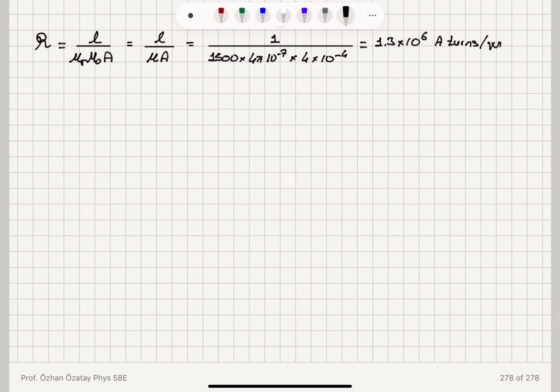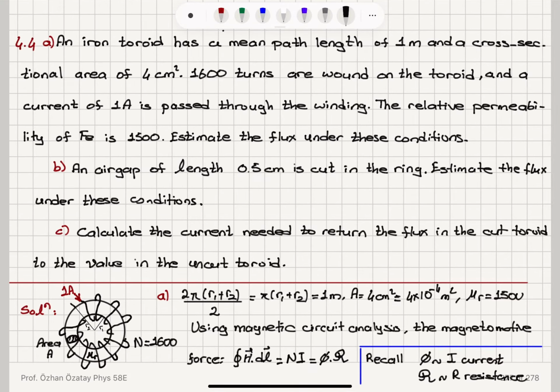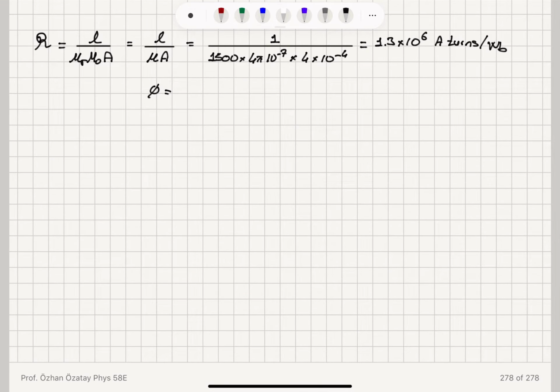ampere turns per Weber. The flux is found from the magnetomotive force, it's Ni divided by the reluctance of the toroid.